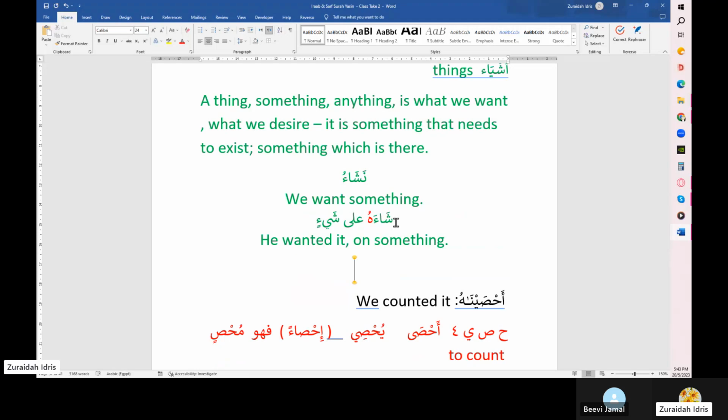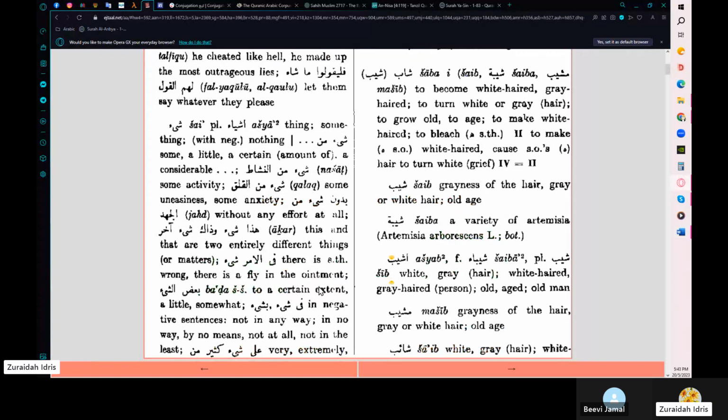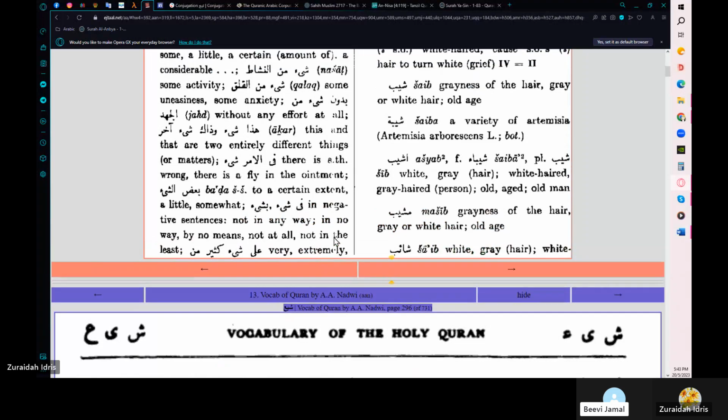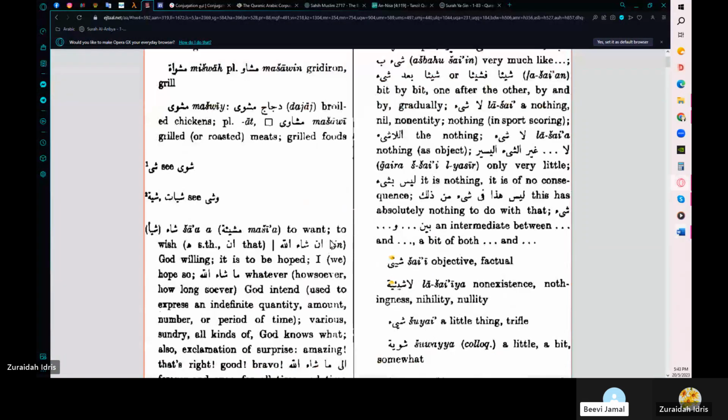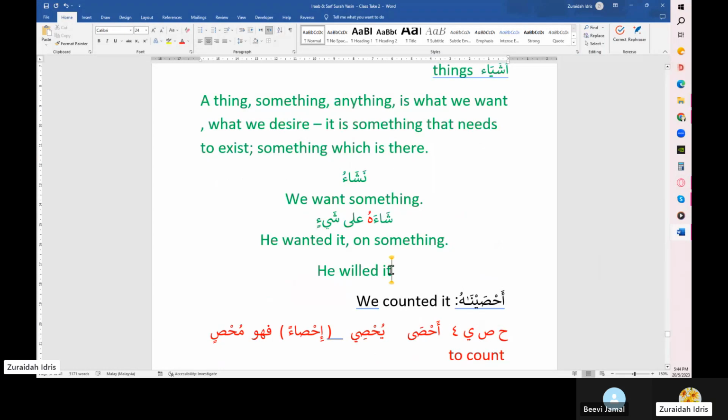And when you have 'ala shay', we have the silatul fi'l: extremely upon something, or he wanted it extremely.